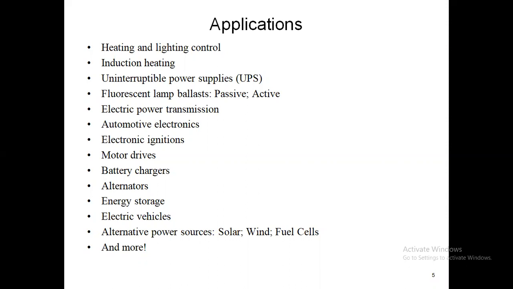It gives us huge reliability so that we can control the power through that electrical equipment. If you look at heating and lighting control, like any kind of heater or lighting, then there will be some power electronics at the start, so that you can control how much heat you require. These things are easily controlled by power electronics devices. There are lots of applications written here.